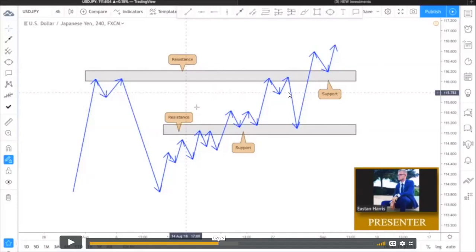Yes, so look at it this way. Instead of looking at the chart in front of the computer, let's act as if this is like a bowling alley lane and you're standing down here, right?